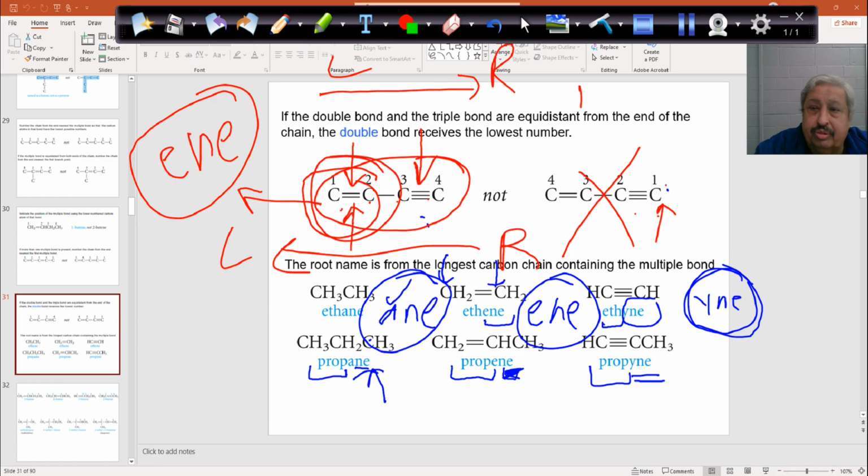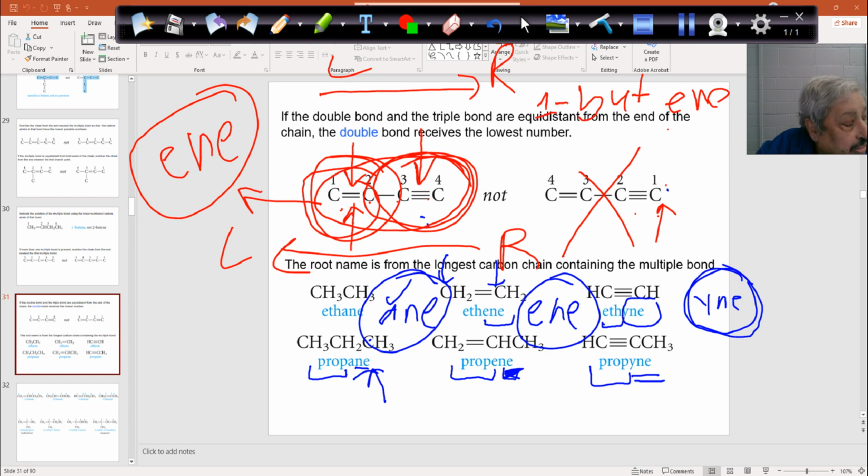That will be but, and then ene. And then you can see what this group is. That's the triple bond, at whatever number it is. This is 1, so 1-butene, correct?